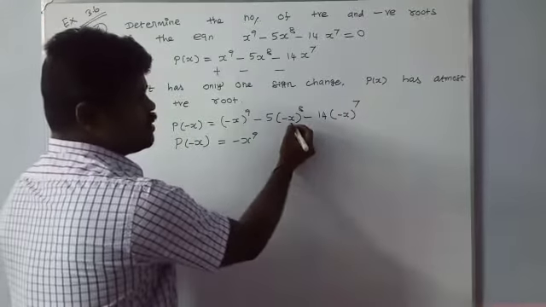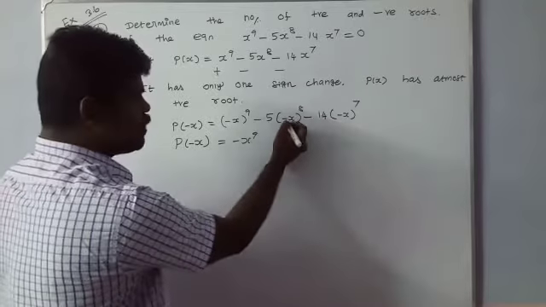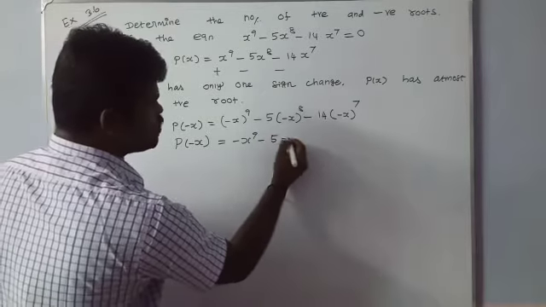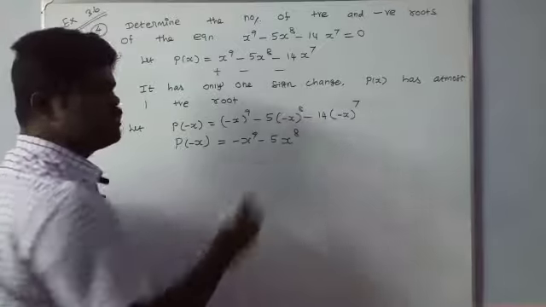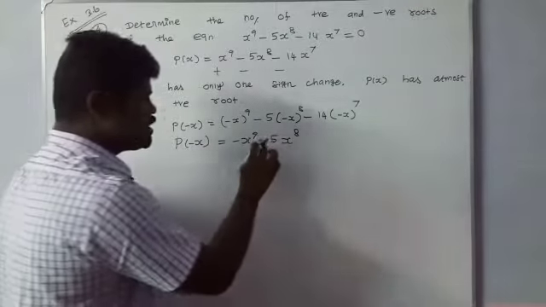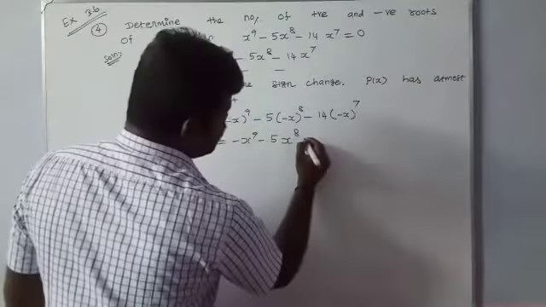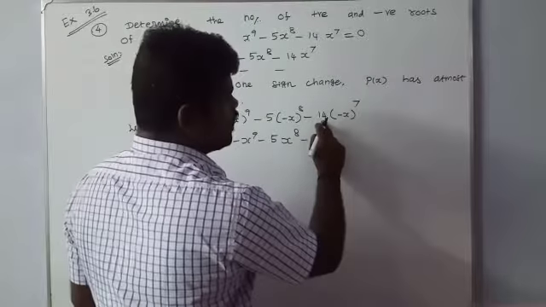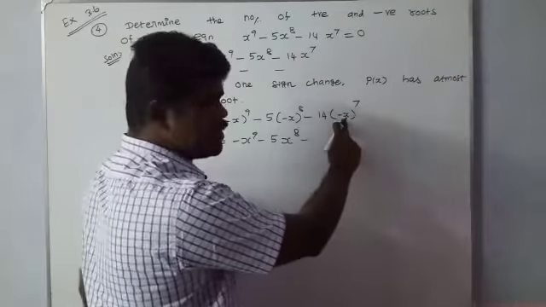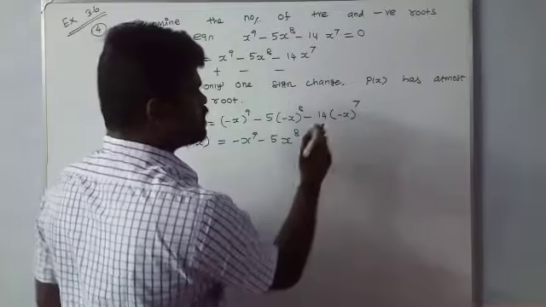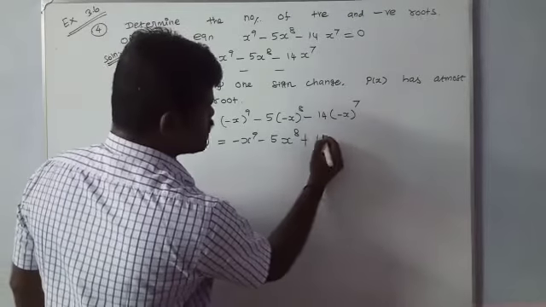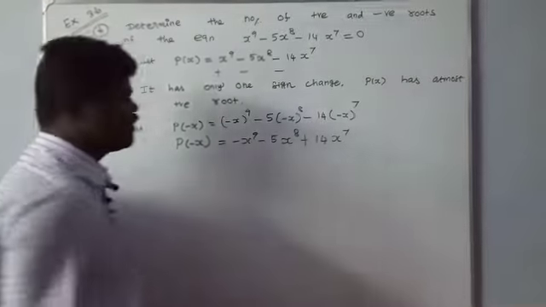Minus 5x power 8, since the power is even, remains minus. And minus 14 times minus x power 7, since the power is odd, gives plus 14x power 7.